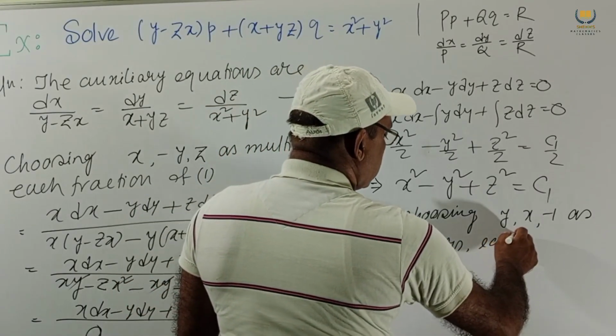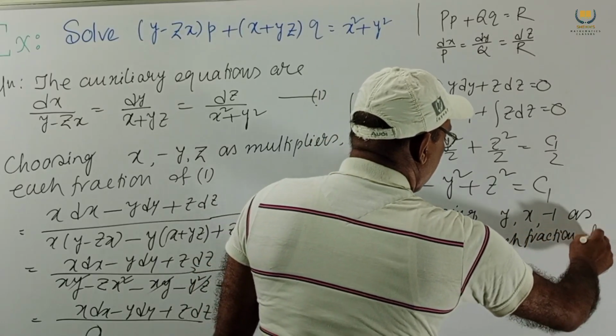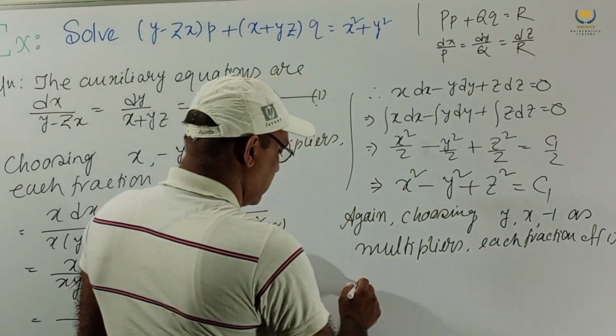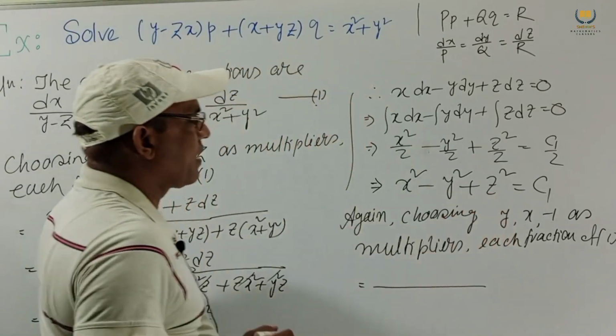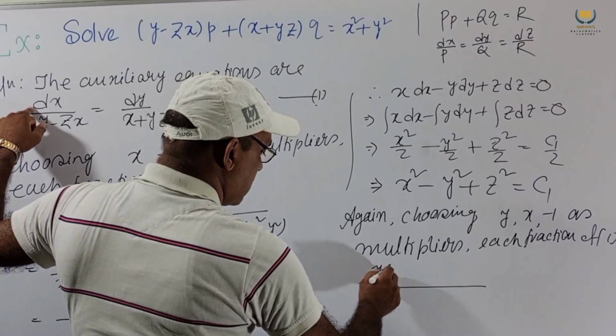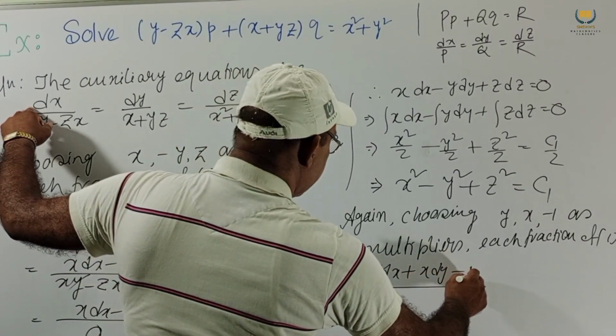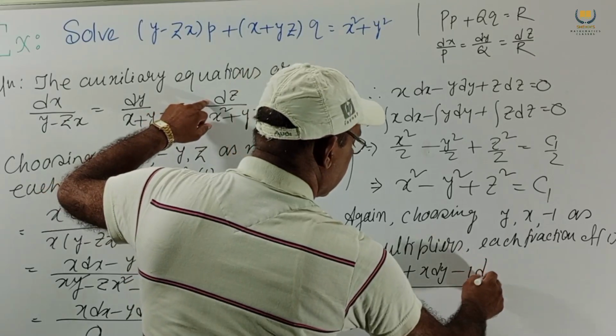Each fraction is equal to 1, we multiply: first one is y dx, next one x dy, -1 dz.